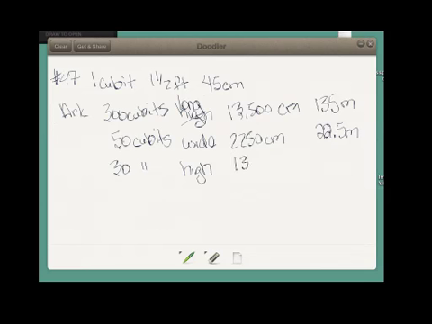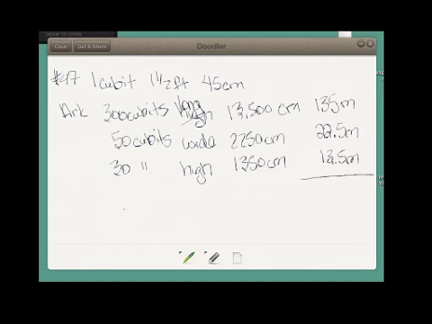That's 1,350 centimeters, or 13.5 meters. So those are the dimensions of Noah's Ark: 135 meters long, 22.5 meters wide, and 13.5 meters high.